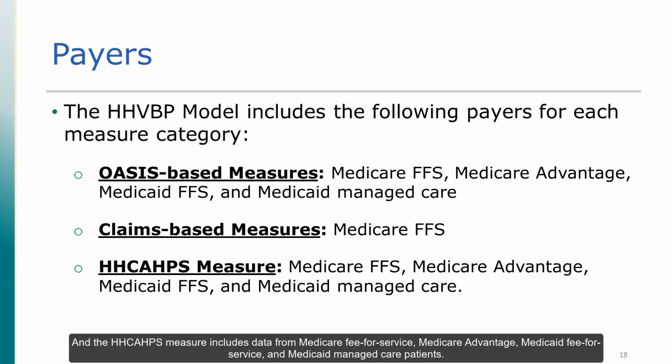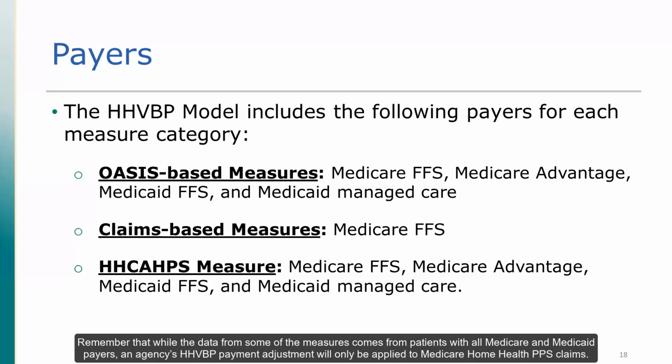And the HHCAHPS measure includes data from Medicare fee-for-service, Medicare Advantage, Medicaid fee-for-service, and Medicaid managed care patients. So remember that while the data from some of the measures comes from patients with all Medicare and Medicaid payers, an agency's HHVBP payment adjustment will only be applied to Medicare home health PPS claims.